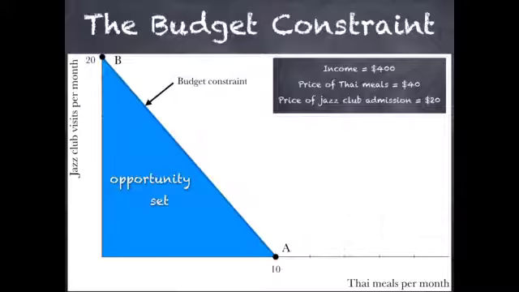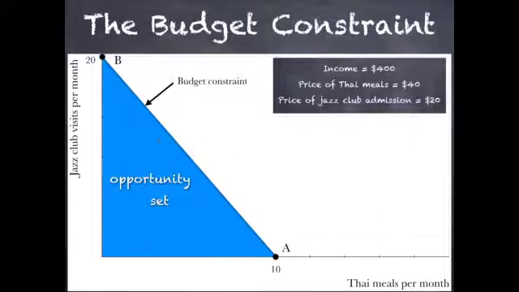You take that income of $400 and divide by 20, and that tells you that if they spent all of their money just going to this jazz club, they could go to the jazz club 20 times in any particular month. So points A and B map out the two extreme ends of only buying Thai meals and only buying jazz visits, going to the jazz club. If we connect points A and B, that gives us our budget constraint.